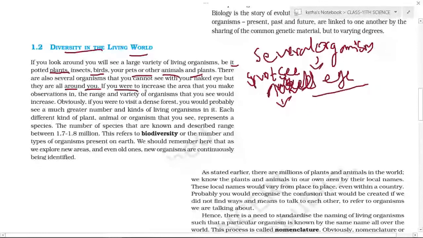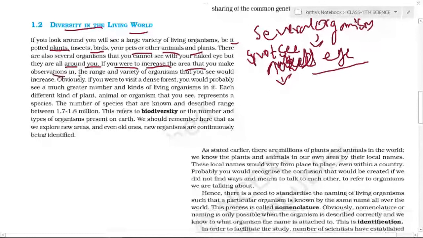If you were to increase the area that you make observations in, the range and variety of organisms that you see would increase.